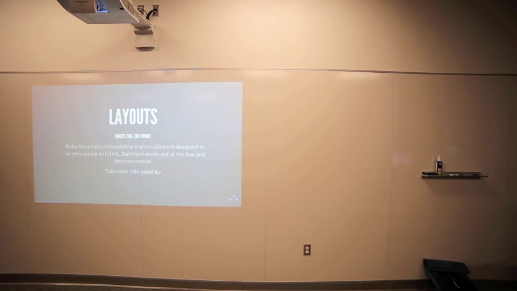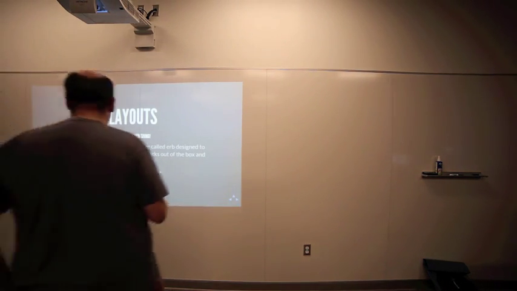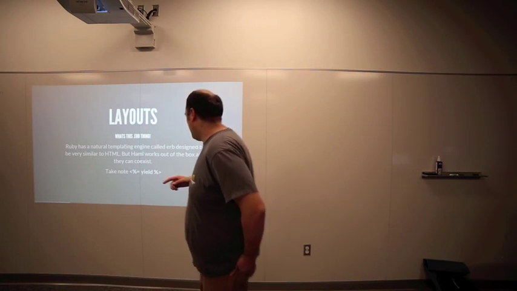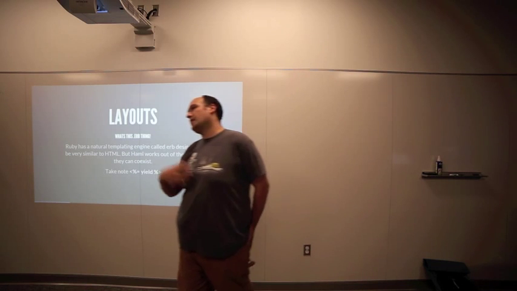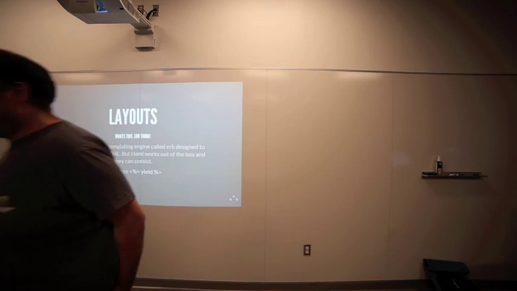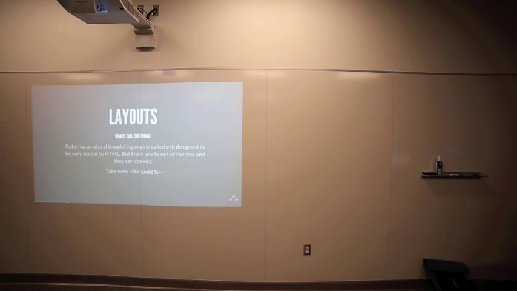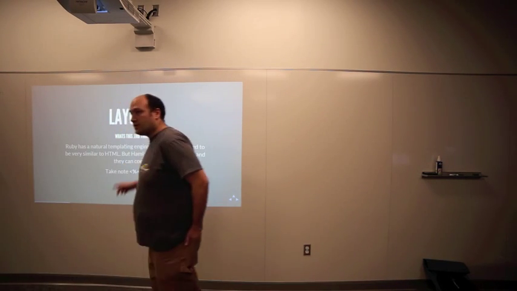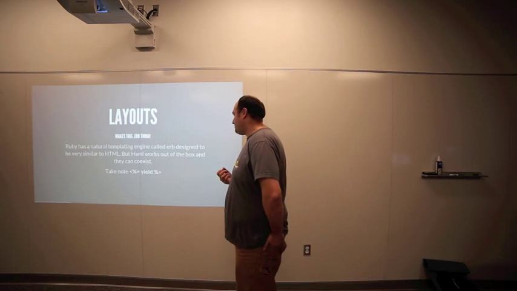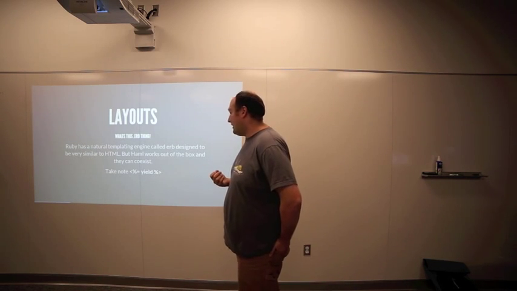I think that ERB files are messy and ugly because not only is it HTML, which can get pretty hairy, but now I'm going to add certain elements that have these little % symbols and equal signs, and I might lose track of them, is all. And thankfully, other people feel the same way. So they made this thing called Haml, which is one of the things we're going to talk about. And that's not a problem, though.